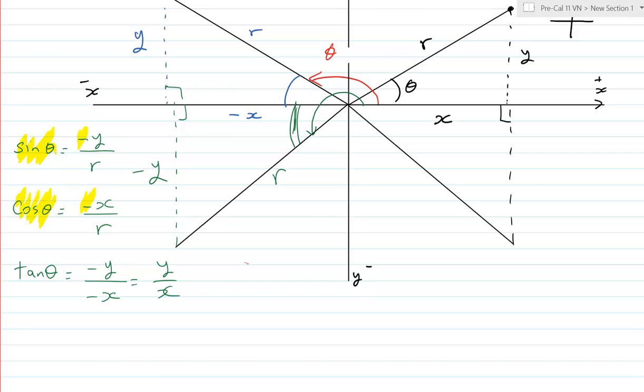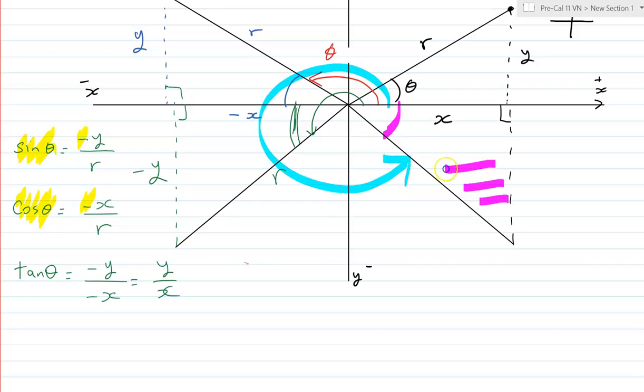And the very last one is quadrant 4. This is the standard position angle, but what you're going to use is just the reference angle right here, and we're going to use this triangle right there, and let's find out what everything is. In this case y is negative but x is positive.